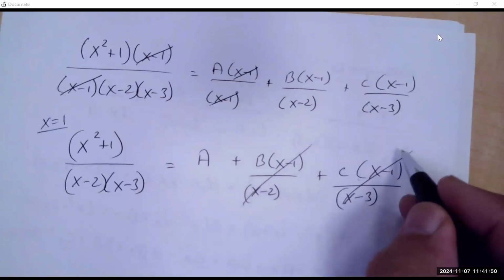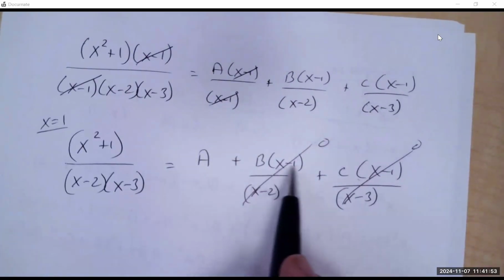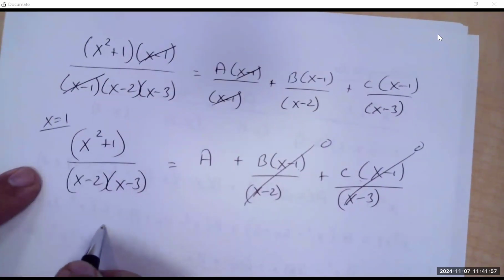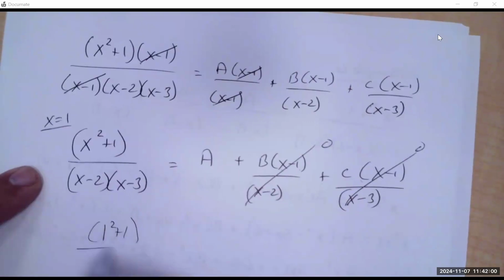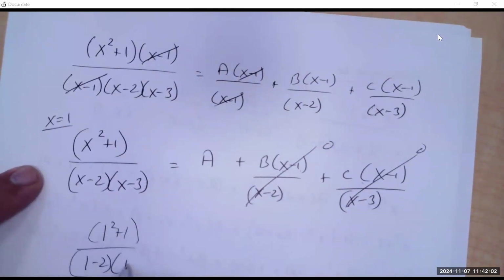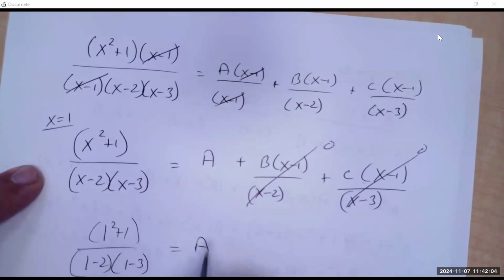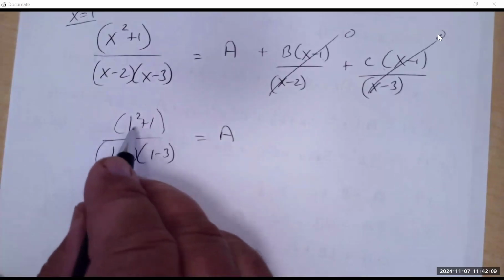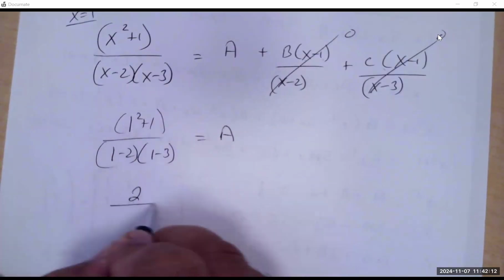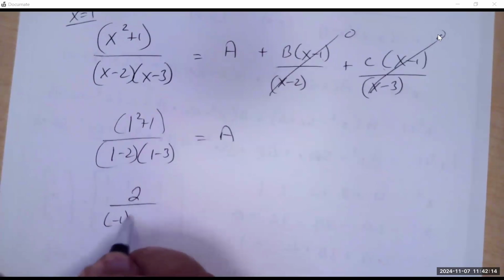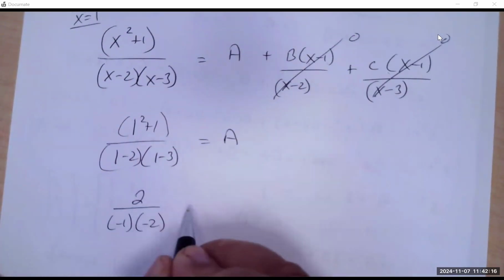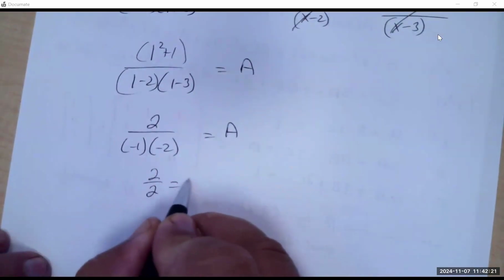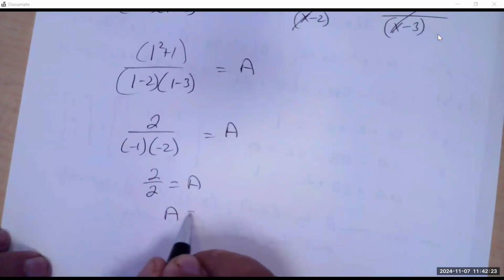They both go to 0 because the top, 1 minus 1, is 0. So all we have now is 1 squared plus 1 over 1 minus 2, 1 minus 3, and that equals A. 1 squared is 1, 1 plus 1 is 2, 1 minus 2 is negative 1, 1 minus 3 is negative 2. So A is equal to 1.